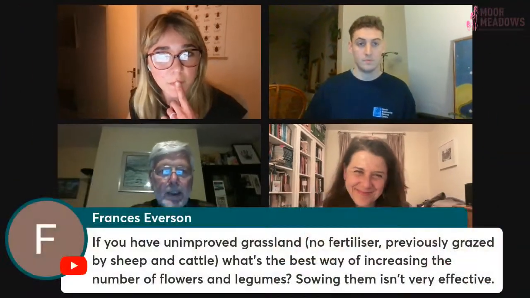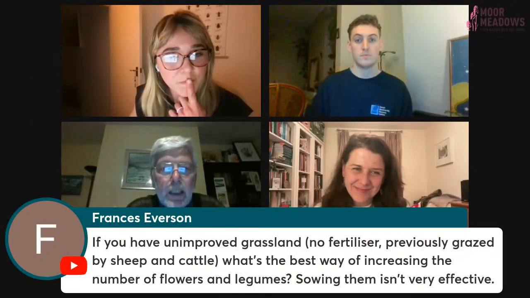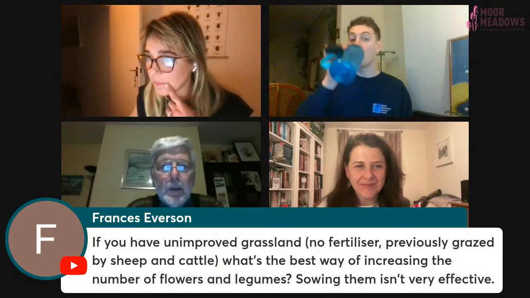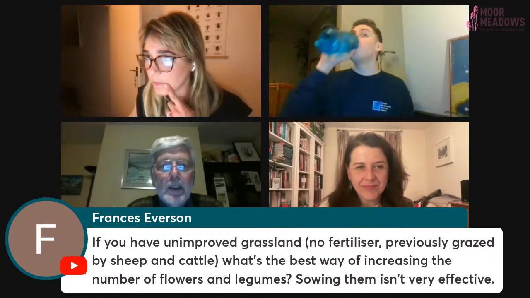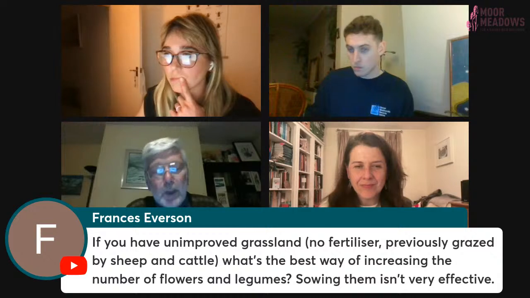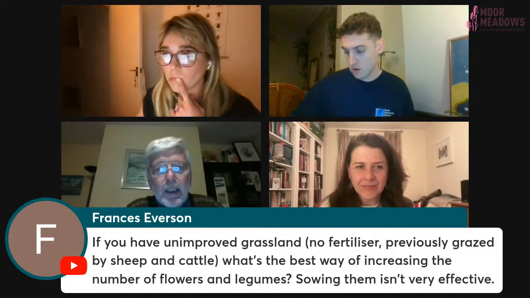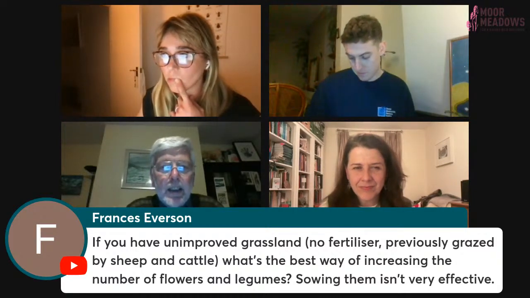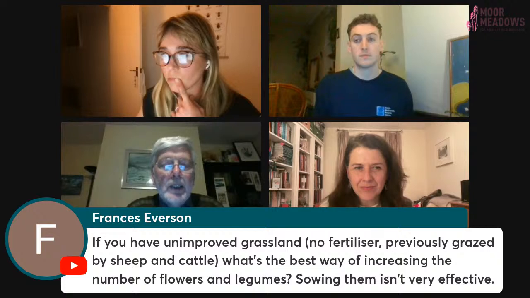Well, one of the things is that if you can graze it in the autumn, then graze it with cattle preferably. And actually, some people have used plug plants, germinated in the greenhouse or polytunnel and then planted out.